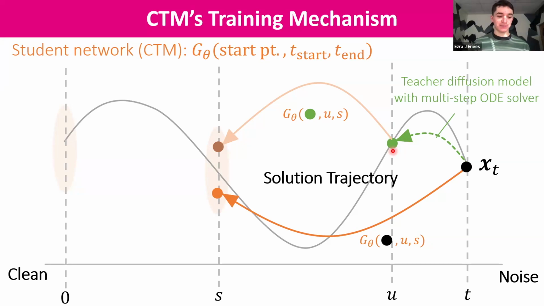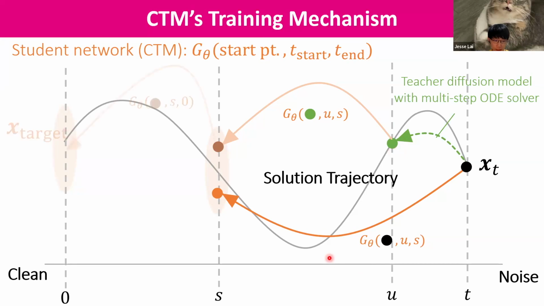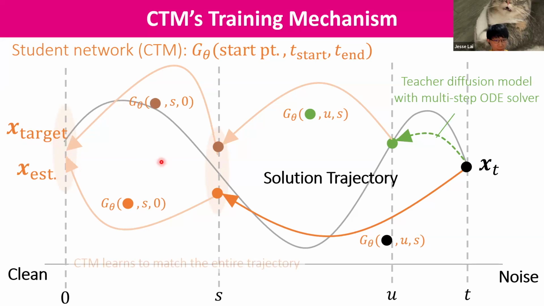Sure. Okay, cool. So CTM can learn the entire trajectory because s, u, and t are random. In order to get better visual quality, we do an additional push forward to the very clean sample, so that we can use something like LPIPS to get better perceptual quality of the generations.